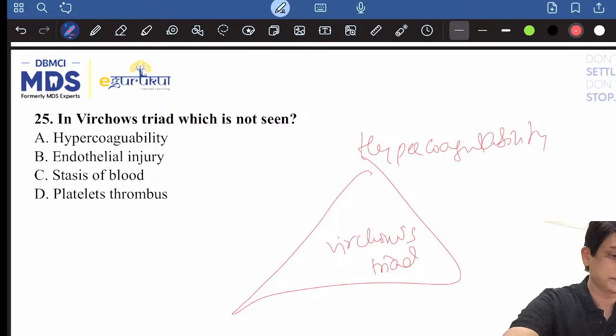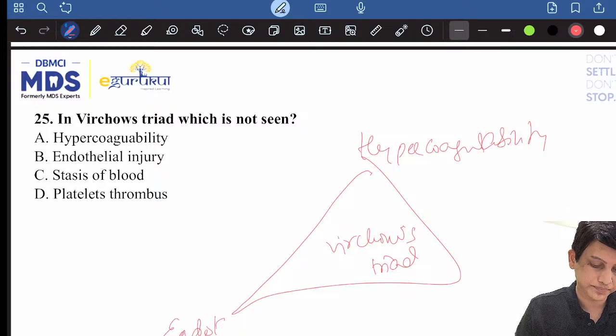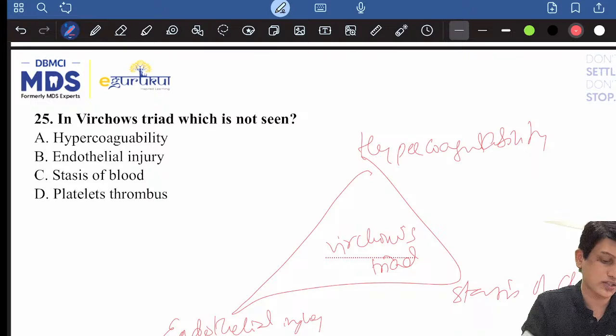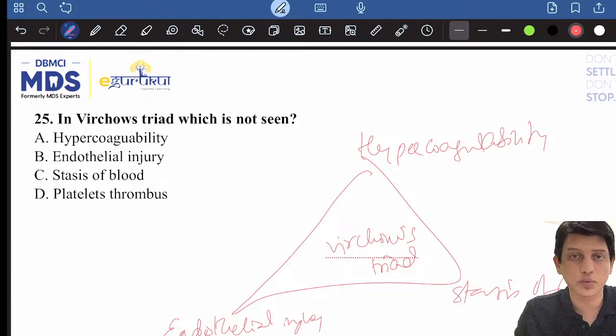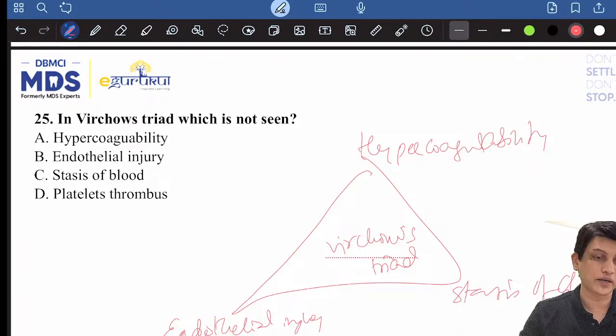So here, Virchow's triad: endothelial injury and stasis of blood are there. What is not a part of Virchow's triad? Thrombosis or platelet thrombus is not a component of Virchow's triad.